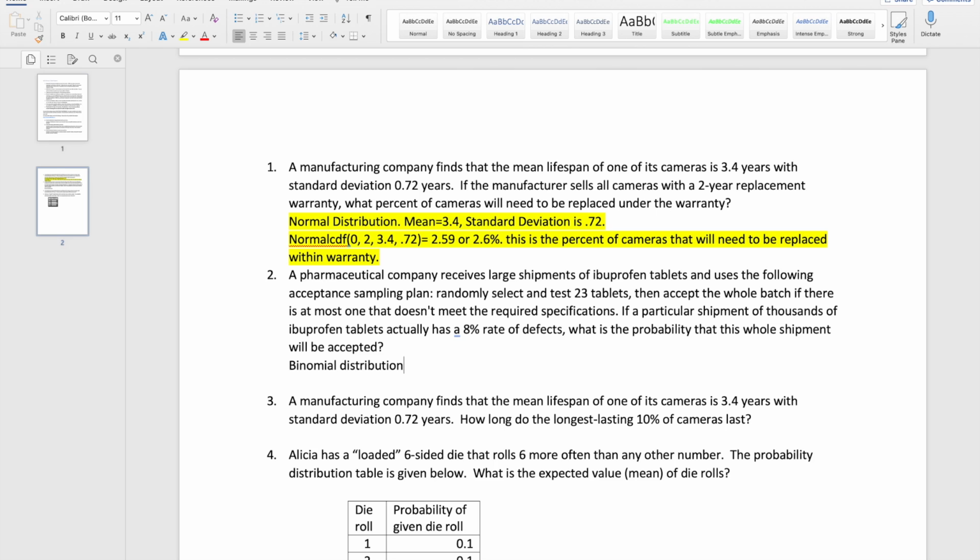So once again, my binomial distribution, my little n is equal to 23. My probability is my little p, 0.08.